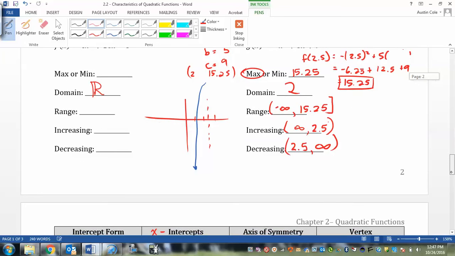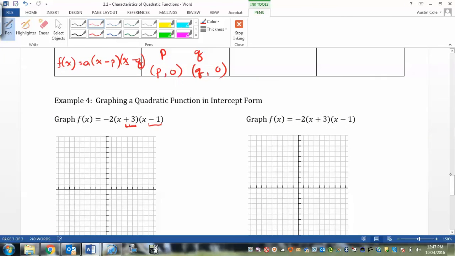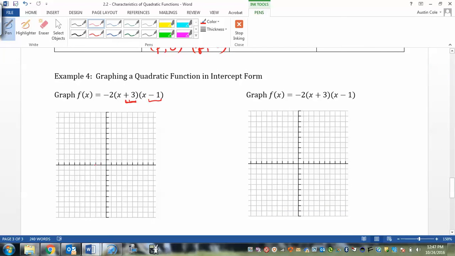Both of them. So our x-intercepts here then are going to be at what? -3 and +1.